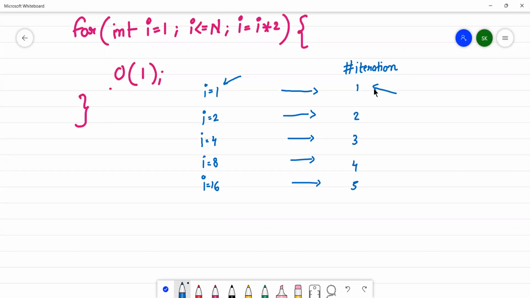Okay. The question is, Aman, that the number of iterations and your I value are somewhere related. So can you tell me that?